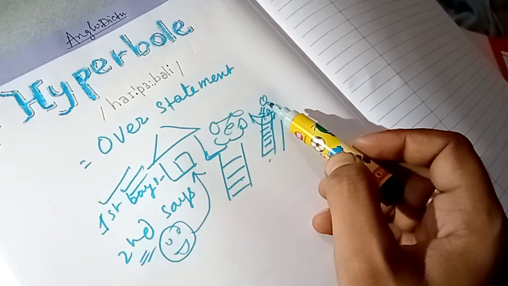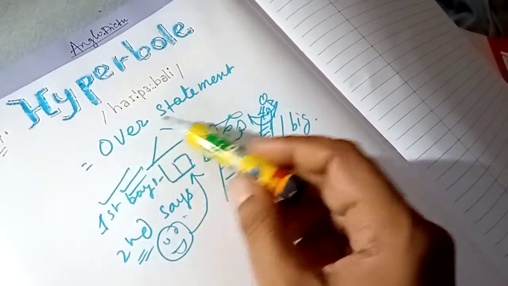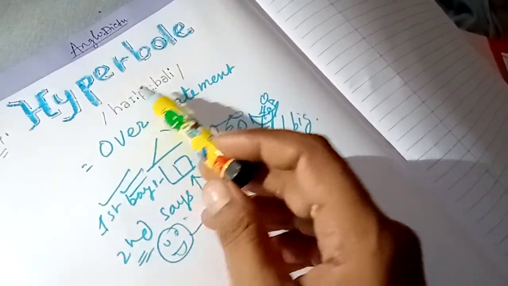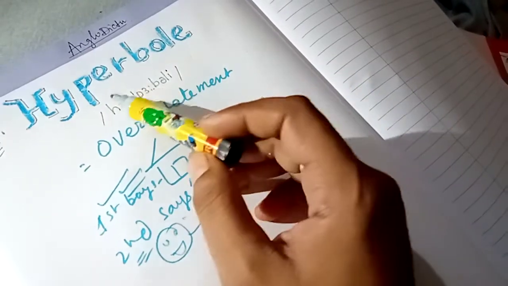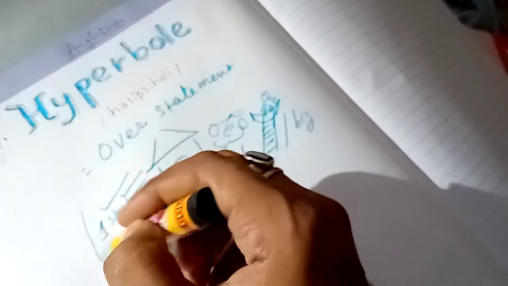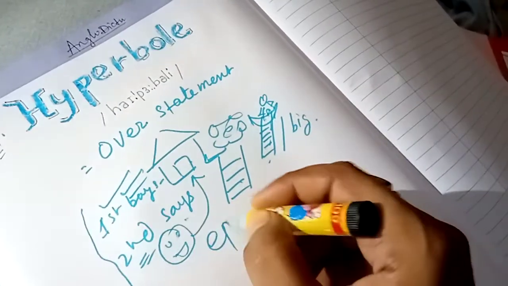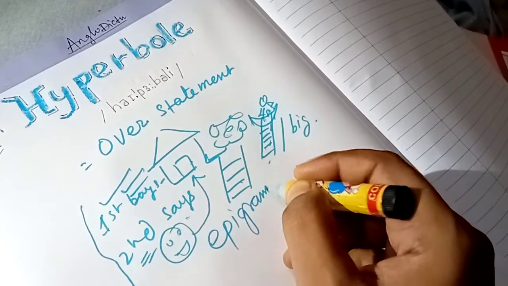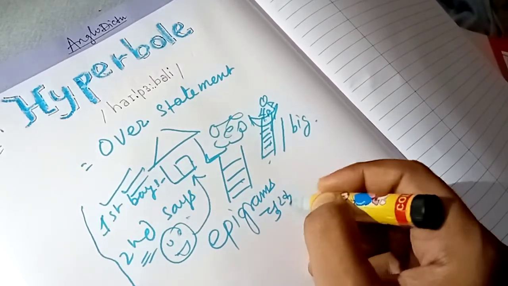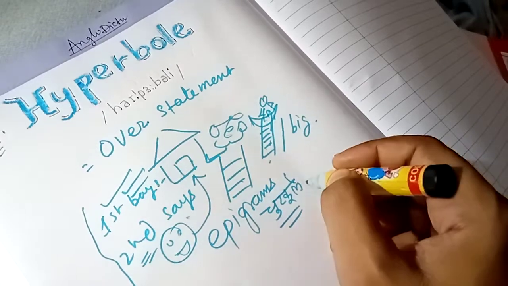So they were using overstatement, hyperbole. They were using hyperbole to each other. So for epigrams we use hyperbole.